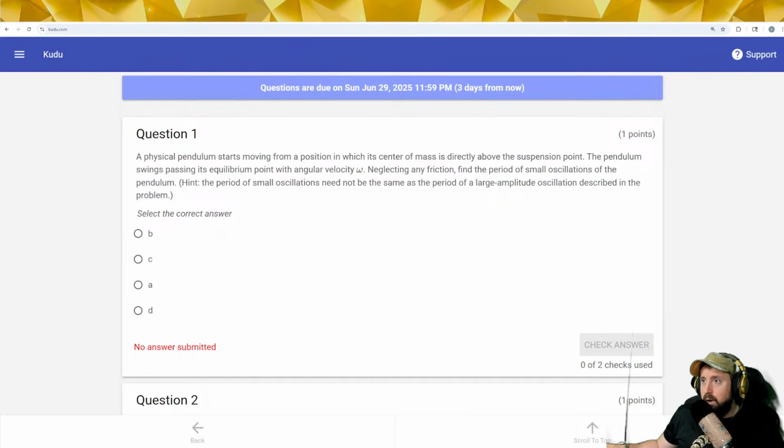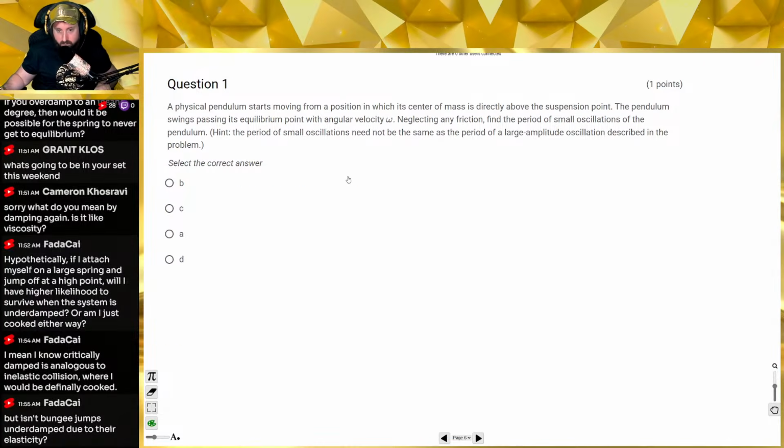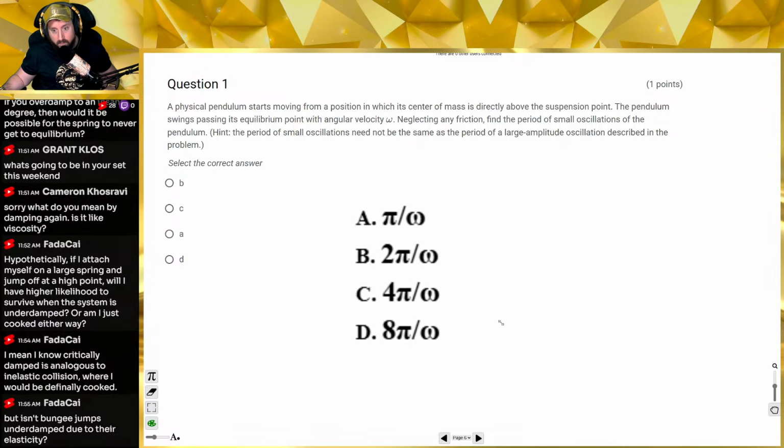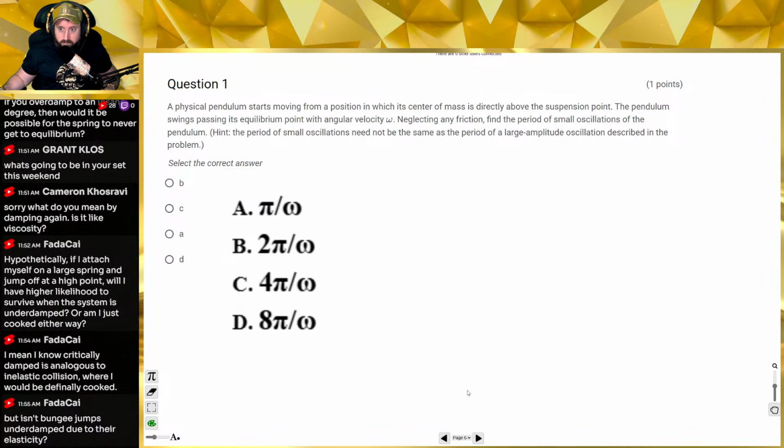Hint, it's described in the problem. So, small oscillations.